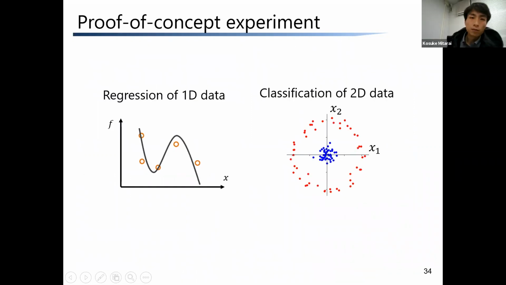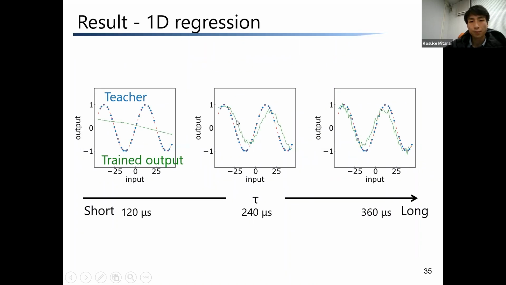So we did a proof of concept experiment for the regression of one-dimensional data and the classification of two-dimensional data. The result for 1D regression is like this. The blue points are teacher data, and the green lines are trained output from the experiment.